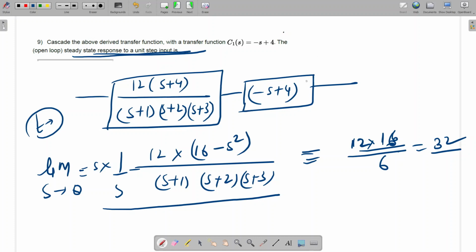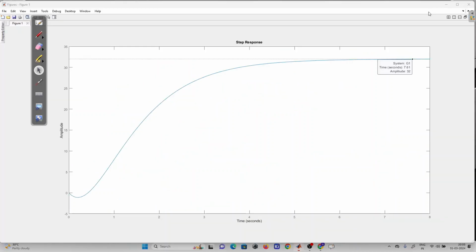Maybe that is not true, because if a pole is in the RHS, the system will be unstable, and then the initial and final value theorem will not work. But here it is a zero in the right hand side, correct? In that case the final value theorem is working. So here we have seen the amplitude is 32. Is it clear?